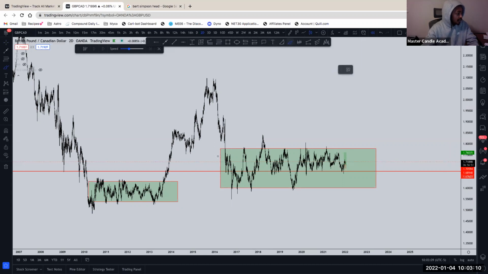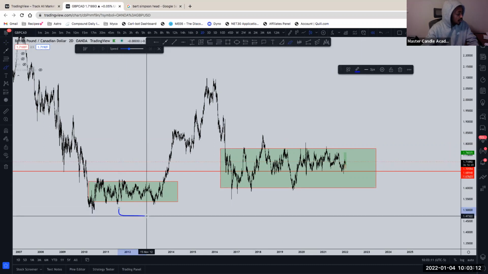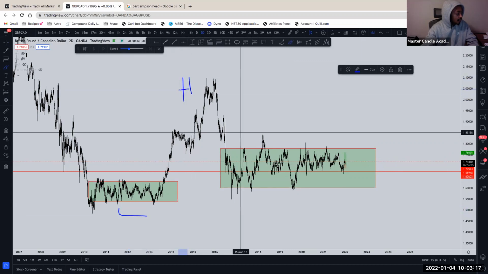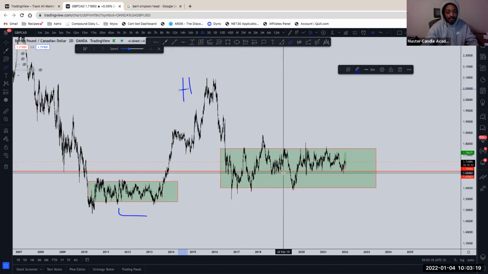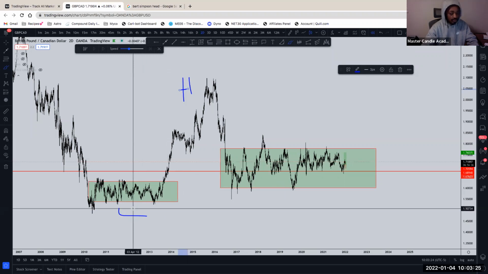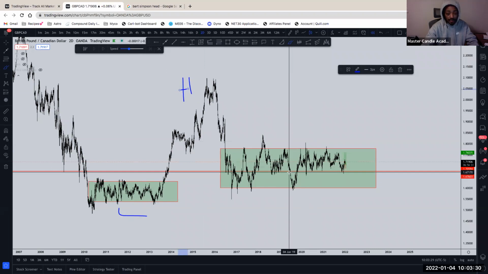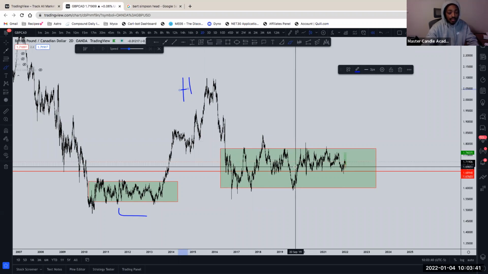Now, if this is my low and this is my high, what is this? If this is our low and this is our high, what is this area in the market? There we go. It's a higher low.